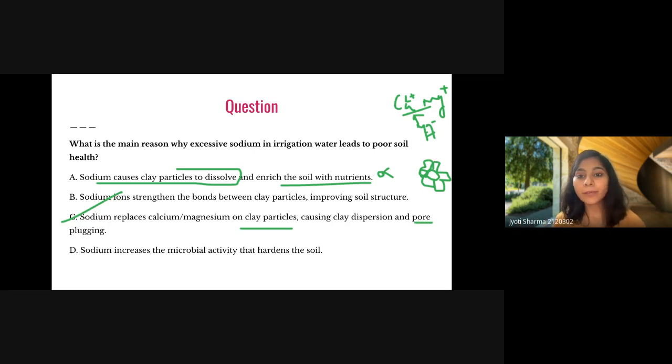But what will happen if calcium and magnesium are replaced by sodium? This will break down the porous structure, and it will dissolve. And because there will not be any bonding, the grains of the clay particle will go inside the pores and plug them also. You can read more about this, but C is the right answer.